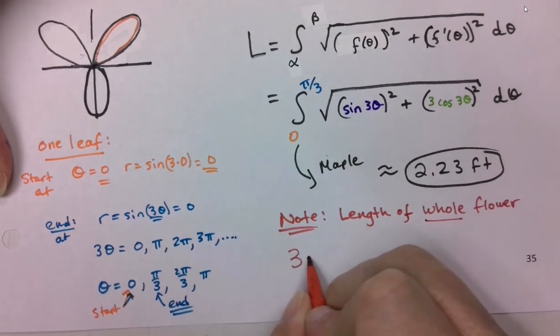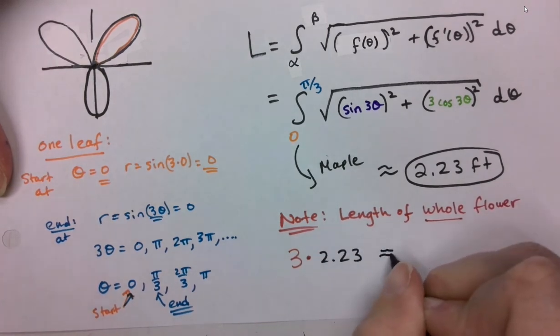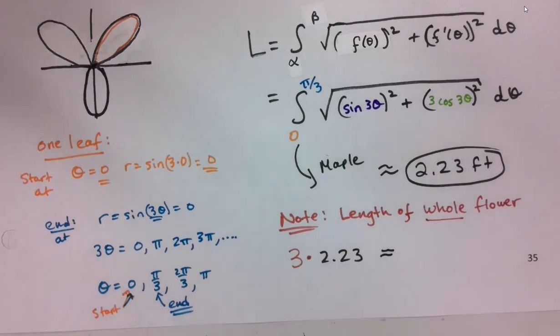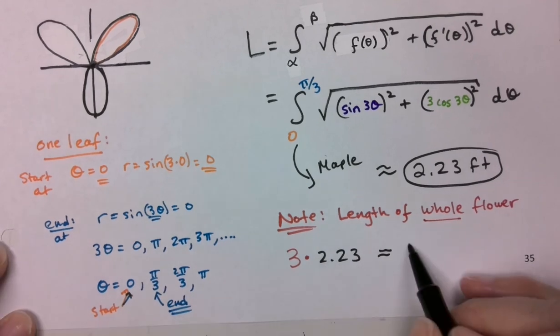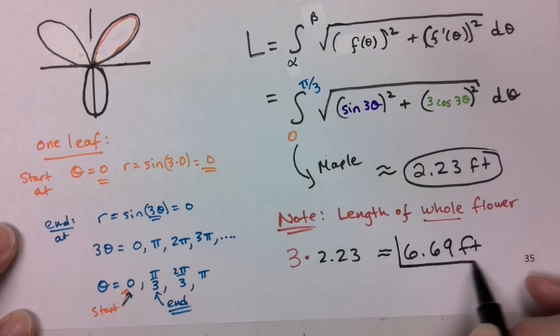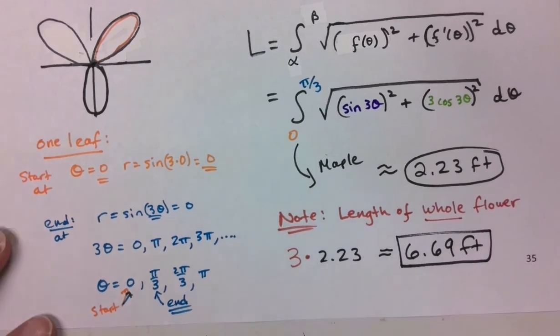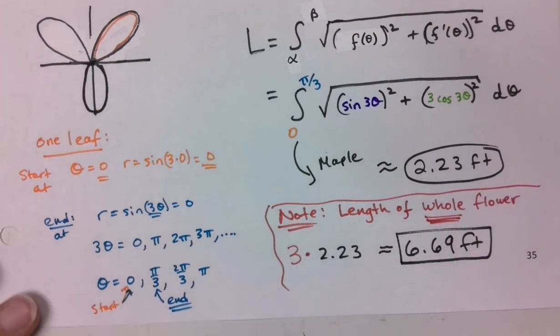So we would take 3 times 2.23, which would be, 3 times 2 is 6, so it'd be 6.69. There you go, 6.69 feet. So that would be the length of the whole flower. You would do the same method, but just multiply by how many petals there are.